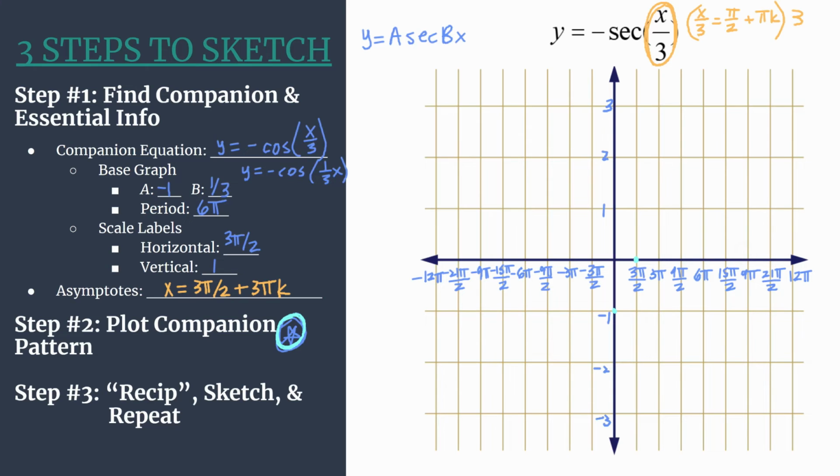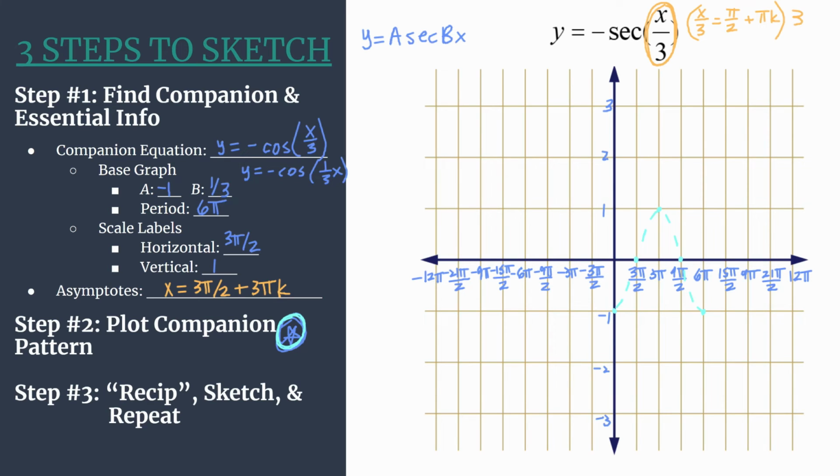And then our maximum will happen at the next horizontal tick mark, and the y-coordinate is simply the opposite value of a, so +1. We have another x-intercept at the third horizontal tick mark, right there. And then our pattern would repeat. So that would be the minimum of the next cycle. So here we have actually graphed a cosine equation. We graphed our companion equation.